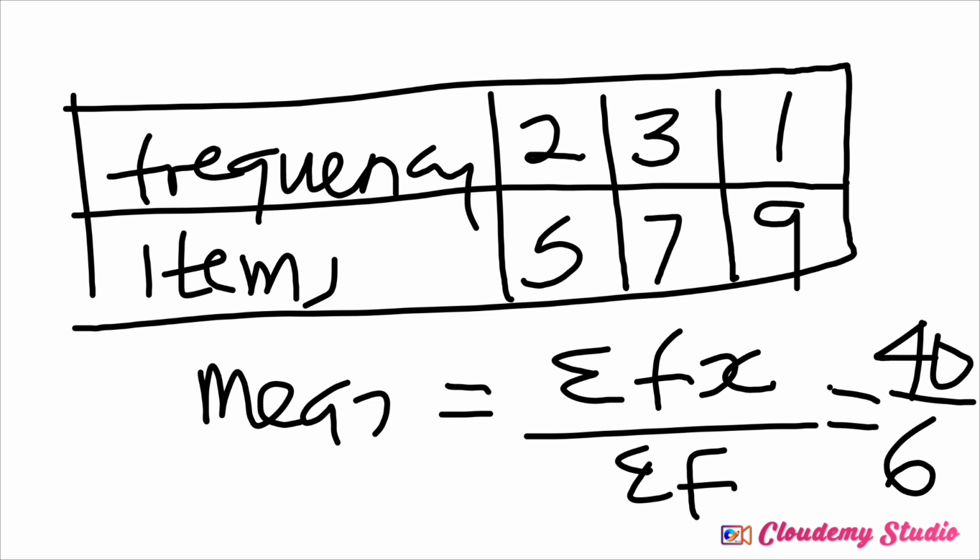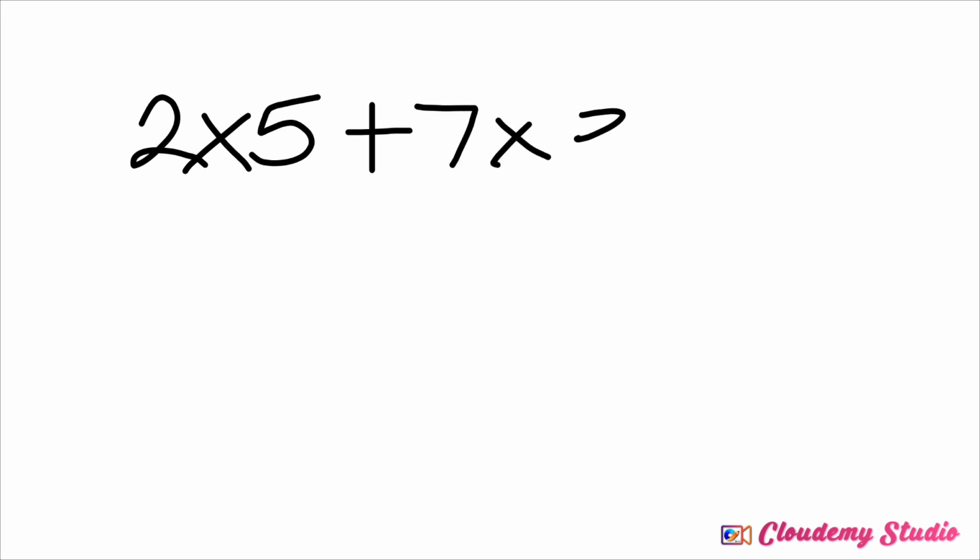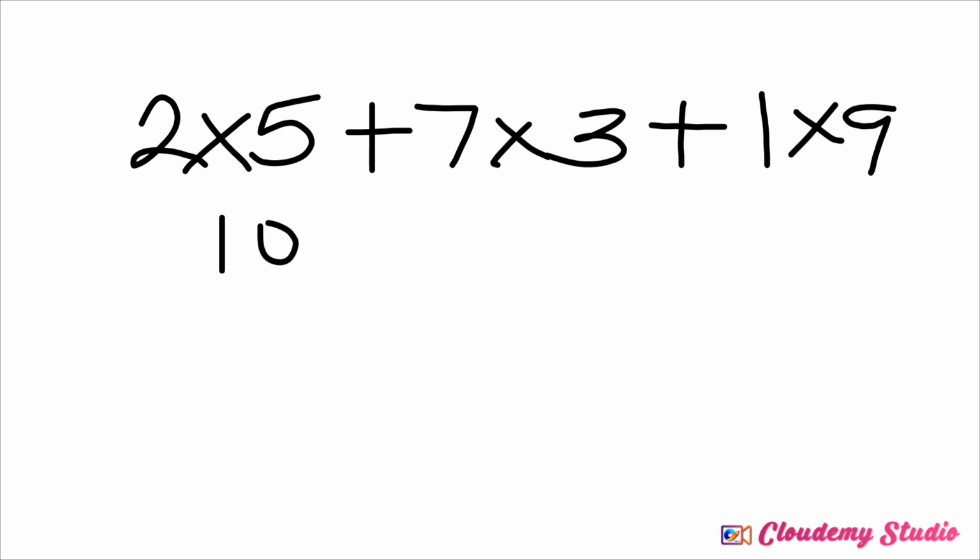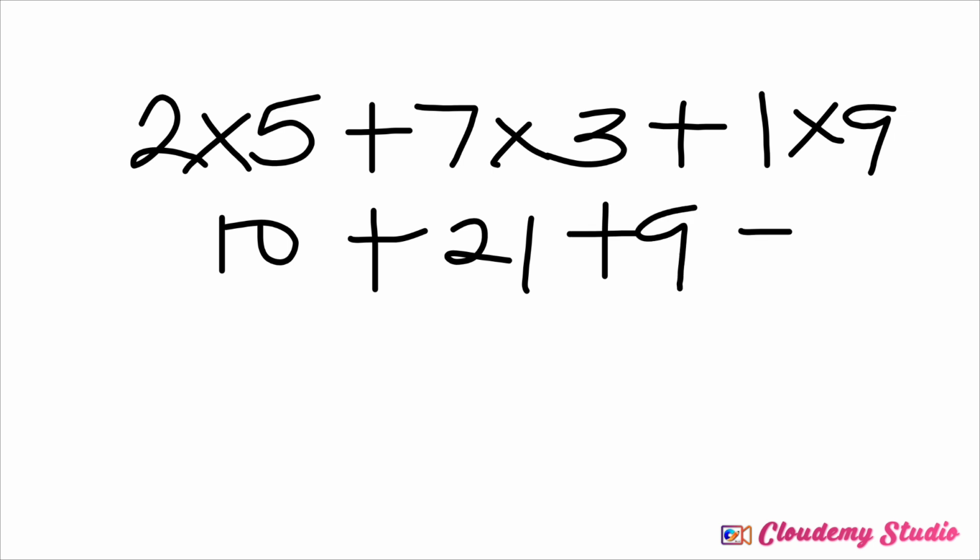Let's expand it so that you can know how I got the 40. I have 2 times 5 plus 7 times 3 plus 1 times 9. This is 10 plus 21 plus 9. My answer is 40. The sum of the frequency is 2 plus 3 plus 1.